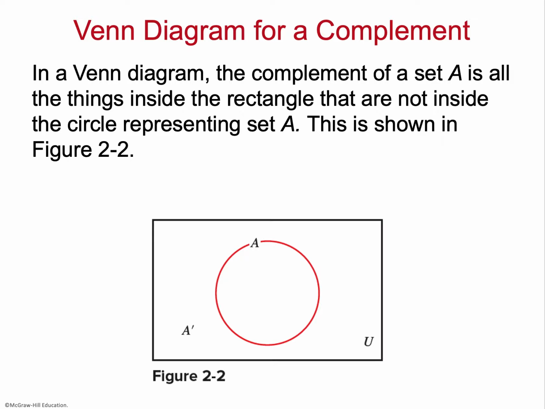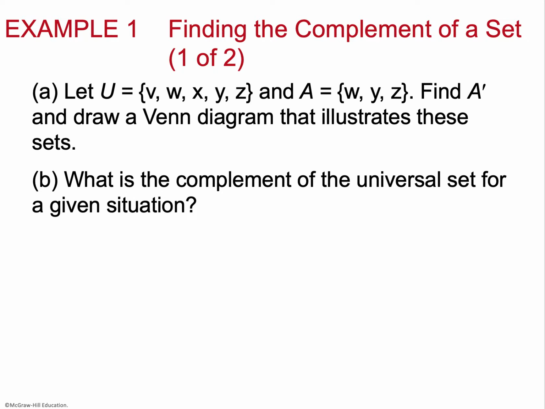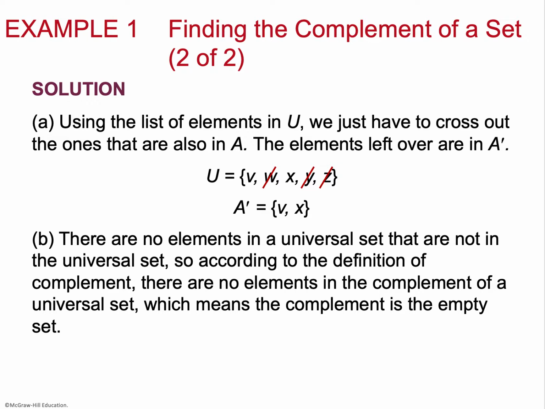When we talk about a Venn diagram for a complement, it's all the things that are inside the rectangle but are not inside the circle, because everything inside the circle belongs to my set. So if I look at the example here, I have U is V, W, X, Y, and Z, and A is W, Y, Z. I want to find the complement of A and then draw the Venn diagram that uses it.